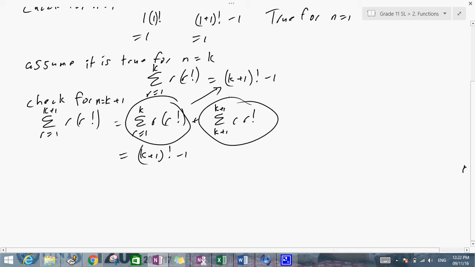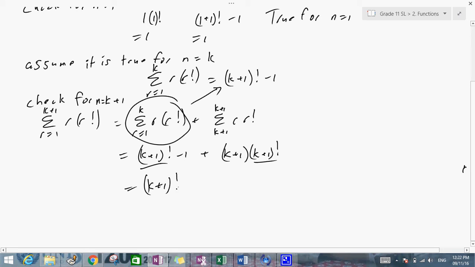Then we just have to look at this one point. When it's k plus 1, what do we got? Well, we've got plus k plus 1 times k plus 1 factorial. So let's play around with this. We've got a k plus 1 and k plus 1 factorial here, so we could factor that out, k plus 1 factorial.